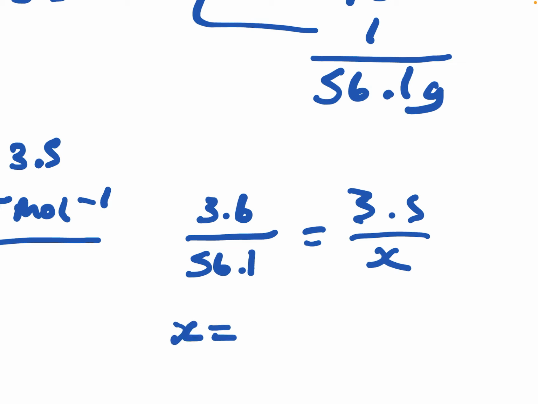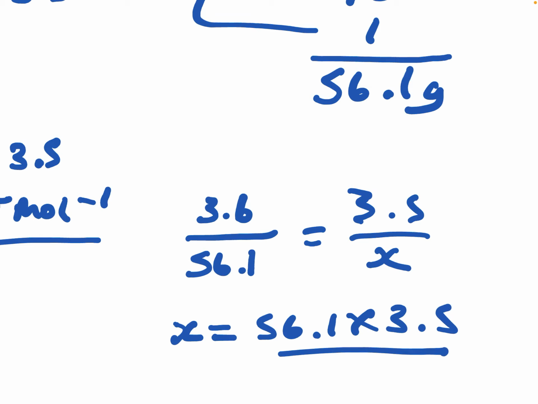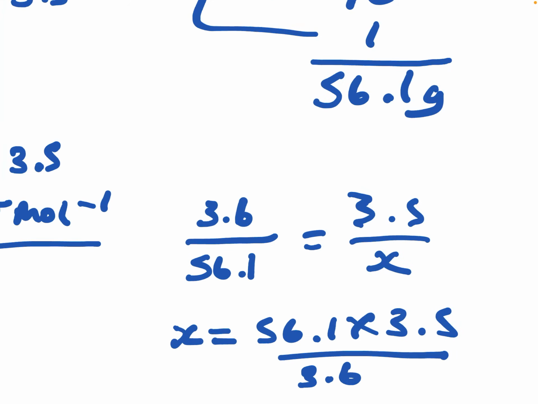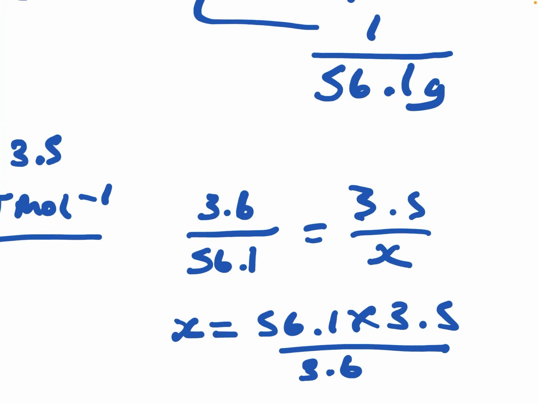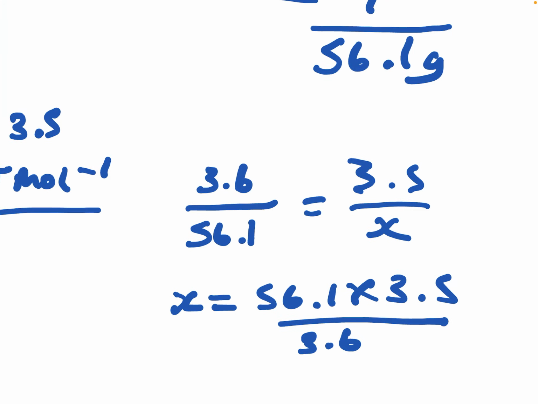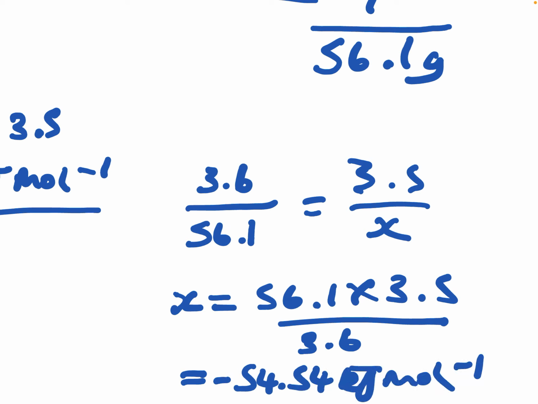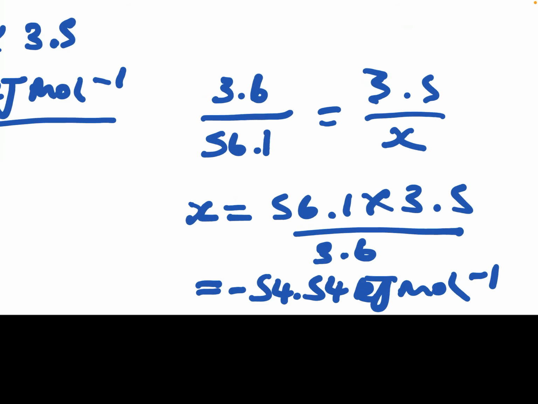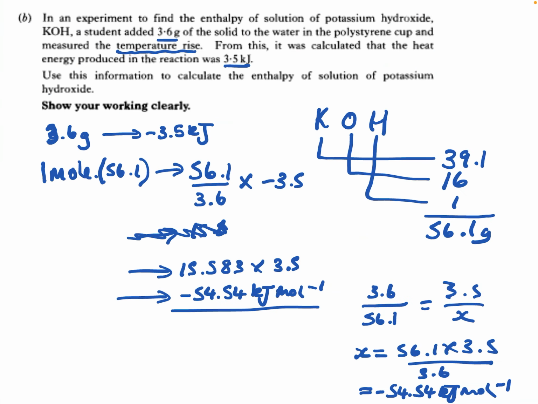That means that x is going to be 56.1 times 3.5 divided by 3.6, which gives you the same answer, which is going to be minus 54.54 kilojoules per mole. Now remember, we put that minus in because it's exothermic. There we go. So that's how to do that past paper question.